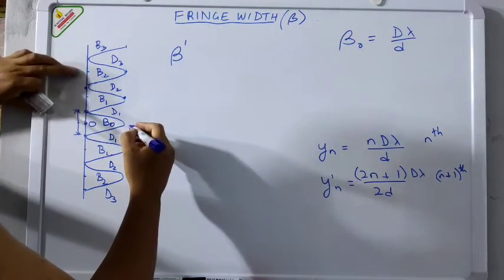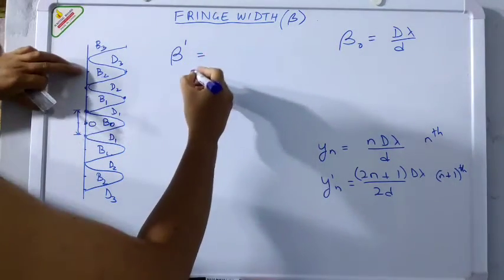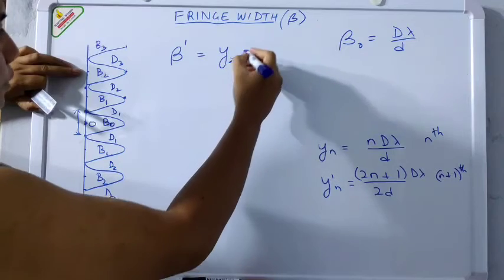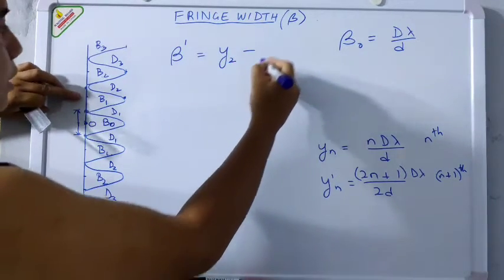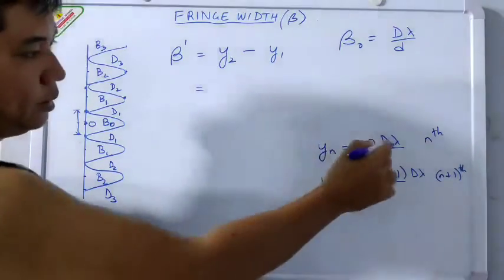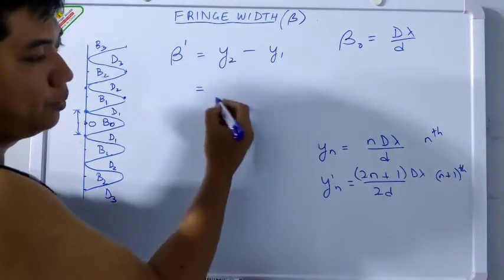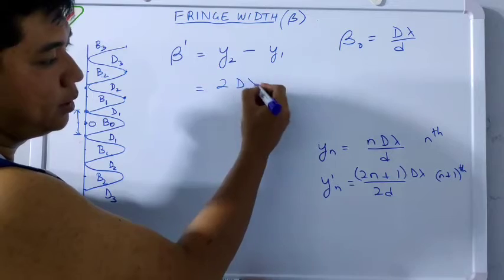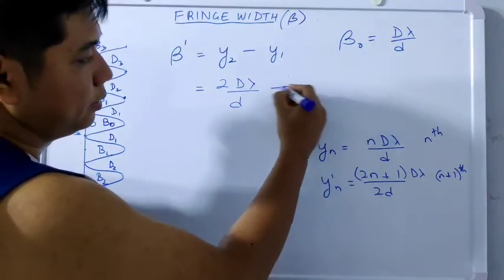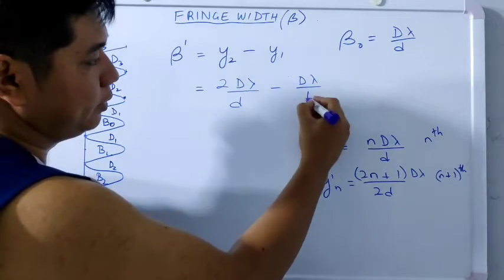B2 is the position y2, and B1 is y1. y2 will be 2D lambda by d, and y1 will be D lambda by d.